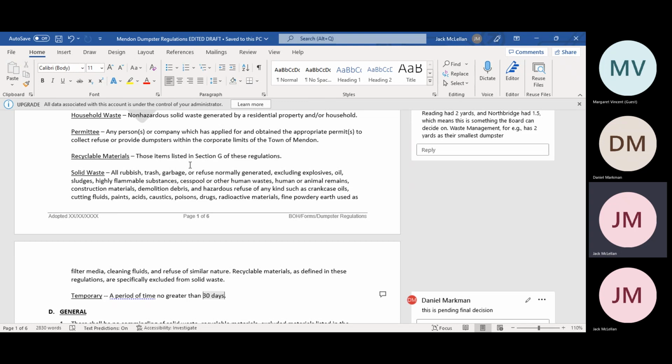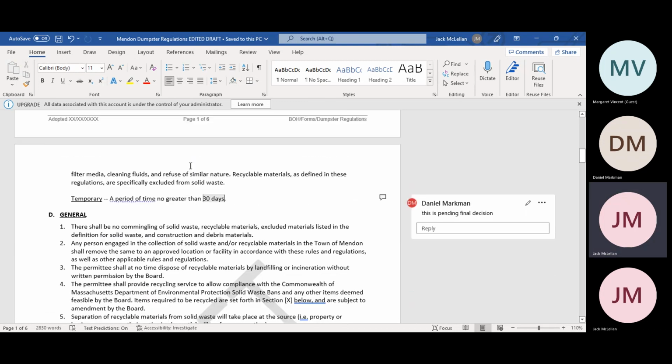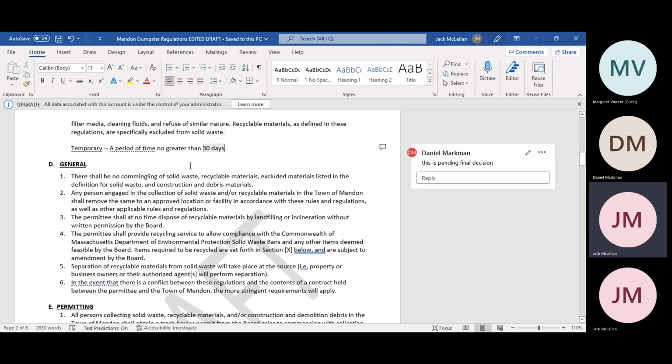All right, so if nobody has anything prior to the definition of temporary, we had a brief discussion on this before. We're talking about people doing renovation projects, et cetera. Oh, I'm sorry, Tom, please.